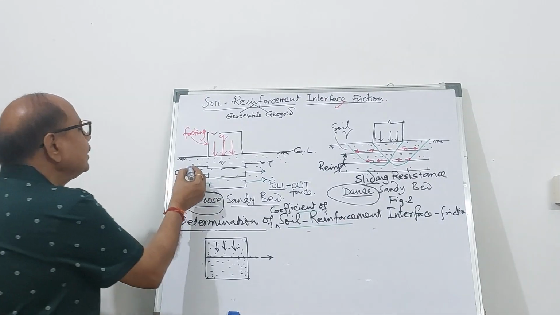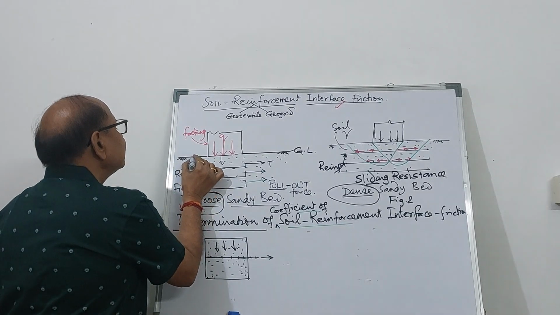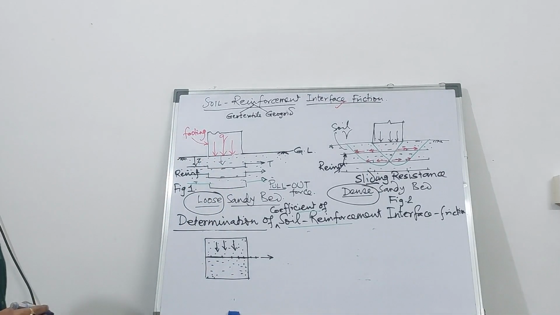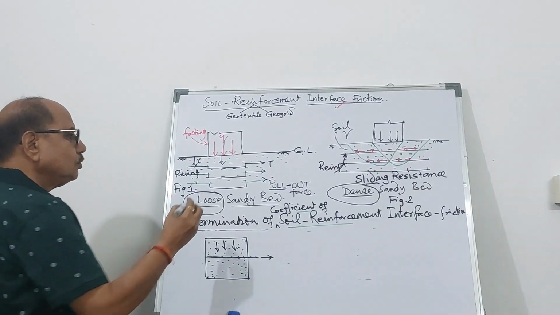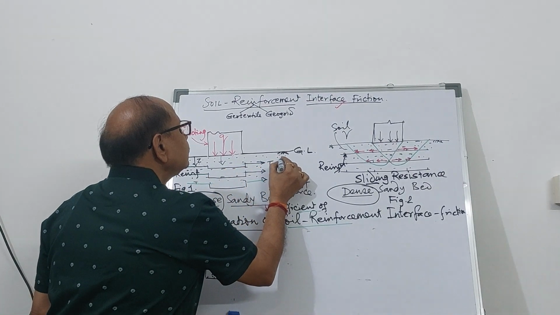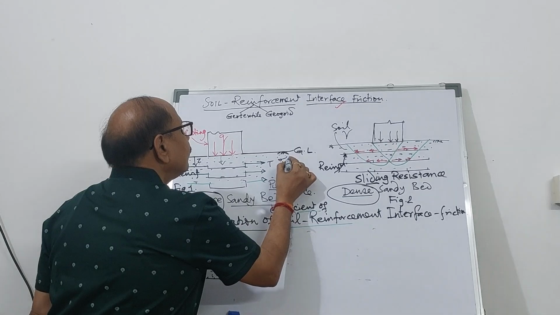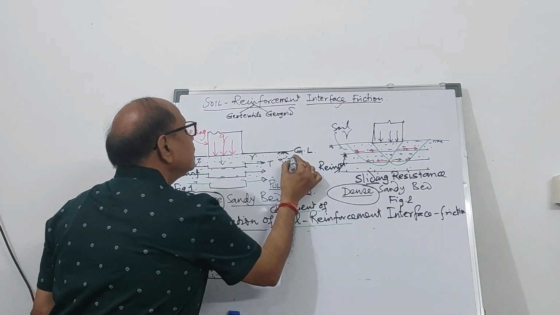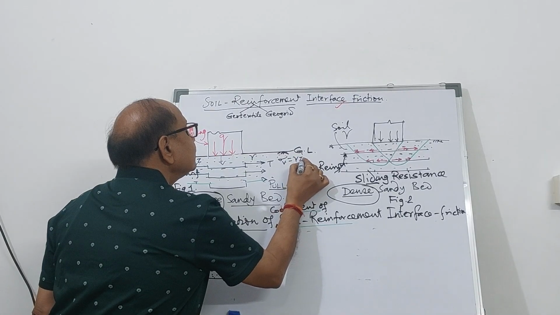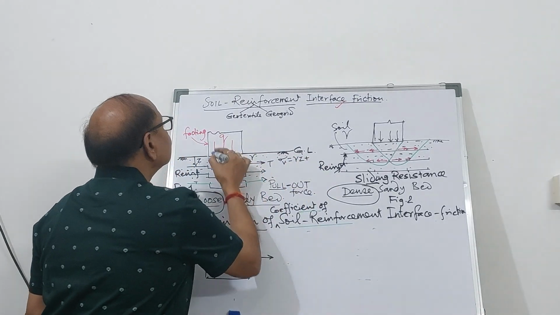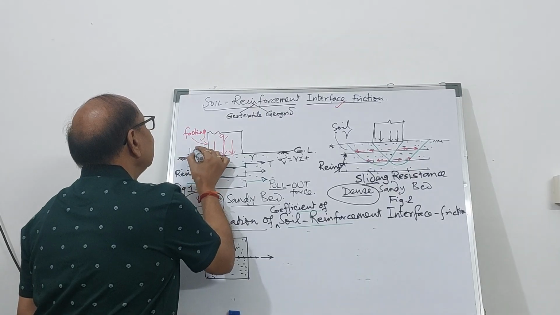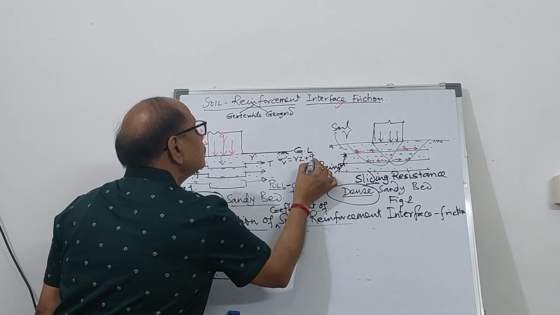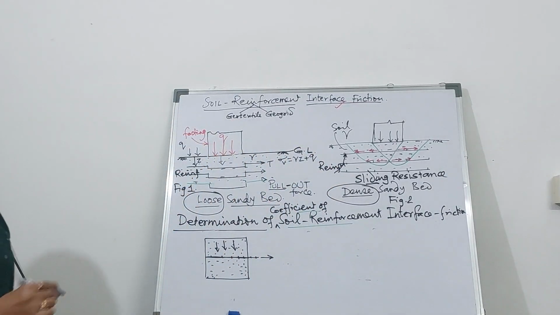Now, what is the pressure here? Let's say this is the depth Z. What is the vertical pressure here? If the unit weight is gamma, it is gamma Z plus the surcharge. Let's say the surcharge is Q at the ground level.